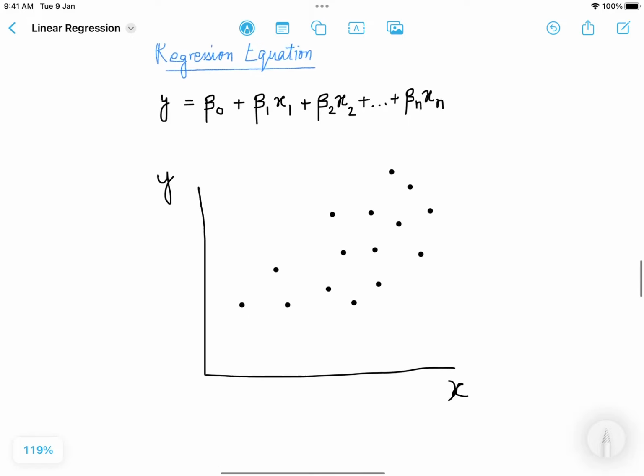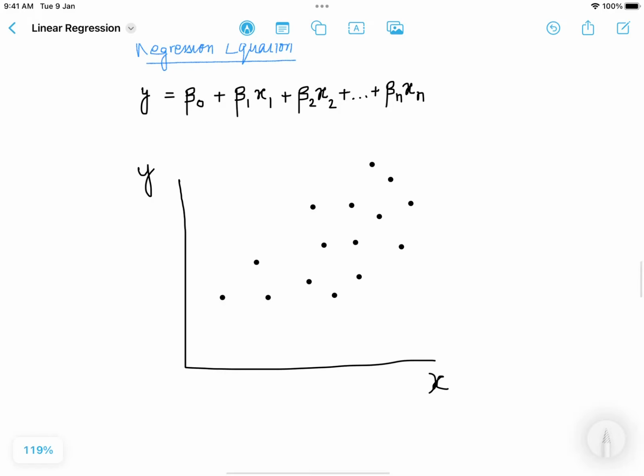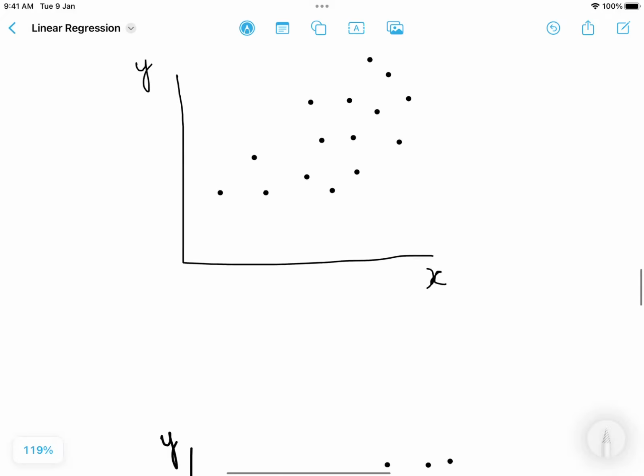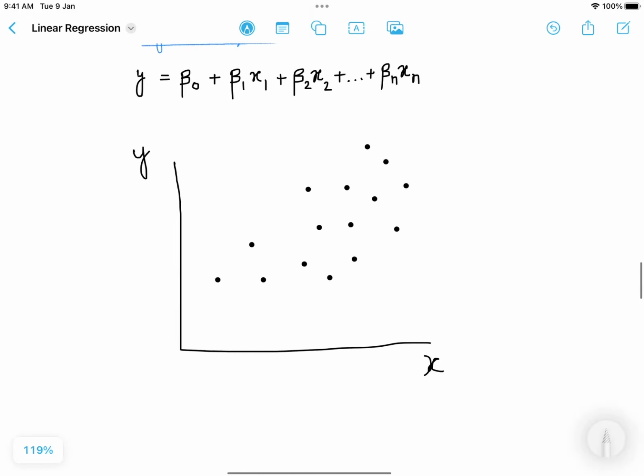When we create a scatter plot of our variable x, it looks like this. There is some relationship between x and y. And what is that relationship?